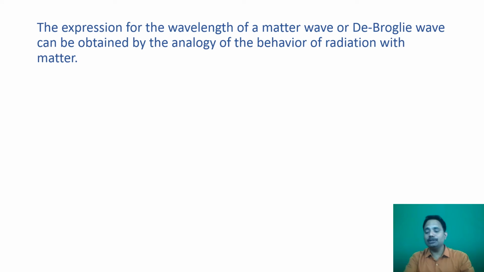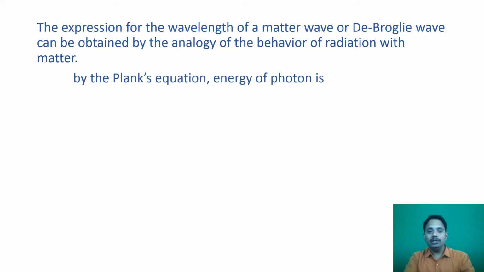The expression for the wavelength of the matter wave or de Broglie wave can be obtained by the analogy of the behavior of radiation with matter. Firstly, we take the Planck equation, which gives the energy of a photon: E is equal to h nu, where E is the energy of the photon, h is Planck constant, and nu is the frequency of radiation.